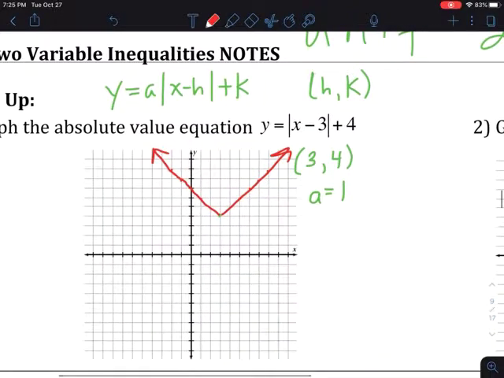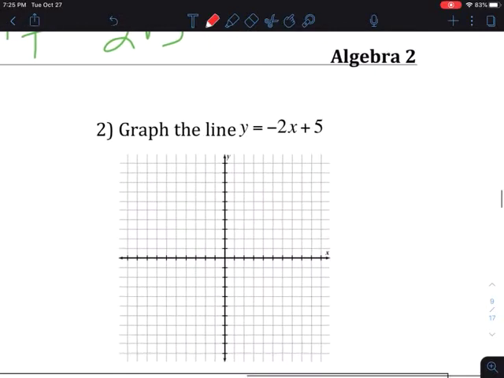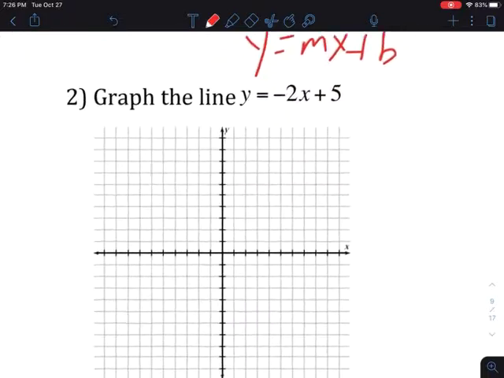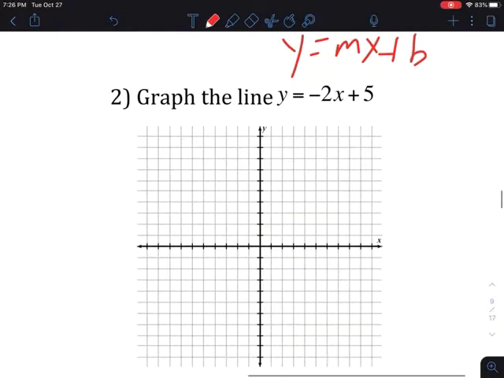So that's absolute value. In example 2, we're going to graph a line. Notice this is in the form y equals mx plus b. So here the y-intercept is 5, and the slope is -2.